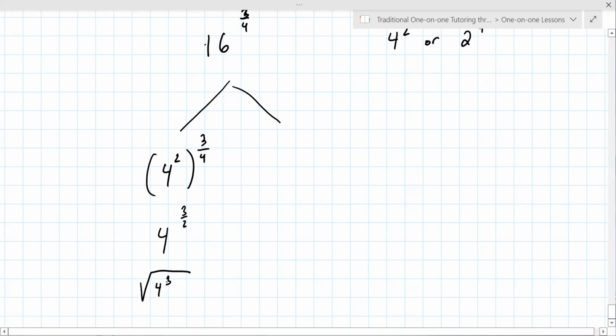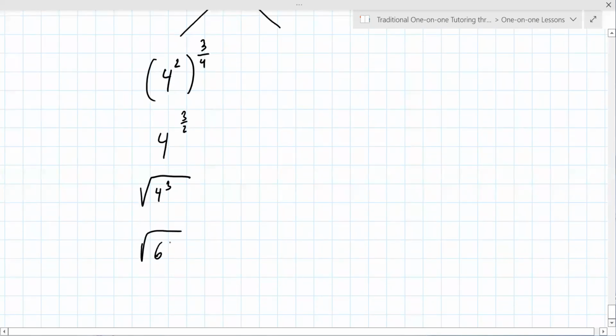What is 4 cubed? It's 64. What is the square root of 64? 8. Good. Now let's go the other direction.